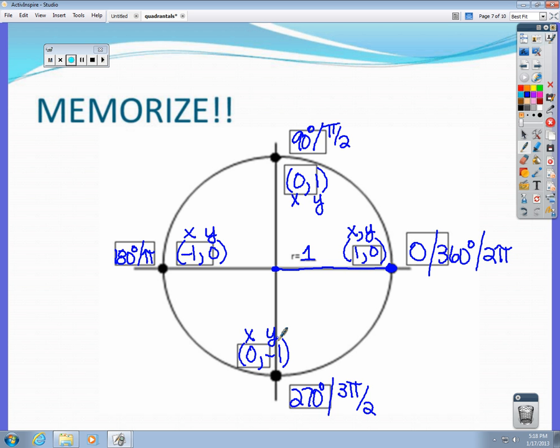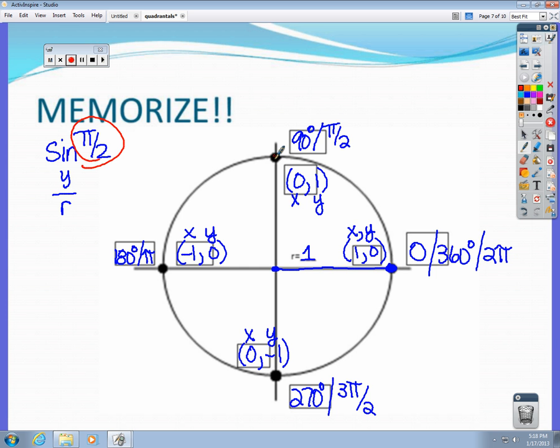Now, what your problems are going to look like would be something similar to sine of pi over 2. The sine tells us what formula we want to use. Okay, so the formula for sine is y over r. Think back to your lesson on the 6 trig functions. Okay. Now, how do I know? I've got 4 different numbers labeled y on this circle, so how do I know which one I want to use? Well, you're going to look at the angle that's given, which in this case was pi over 2.